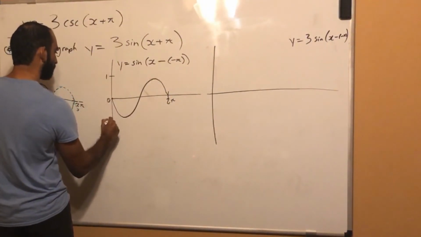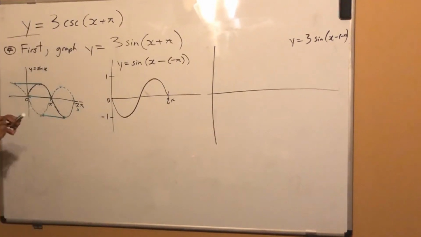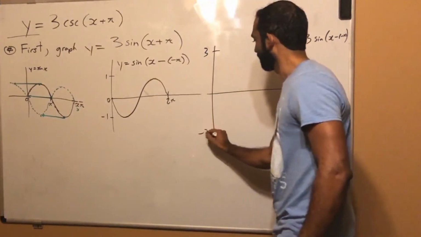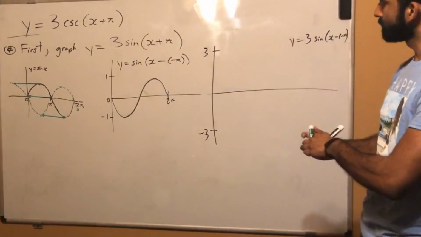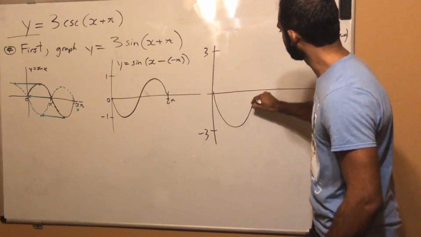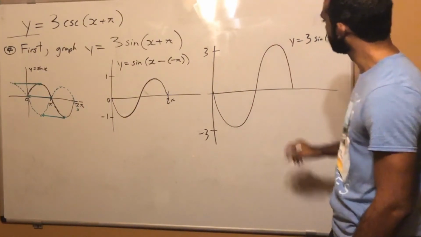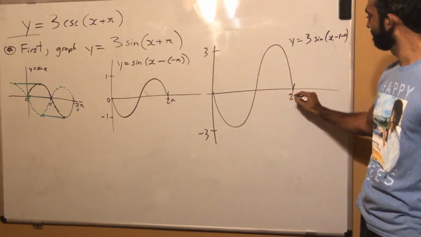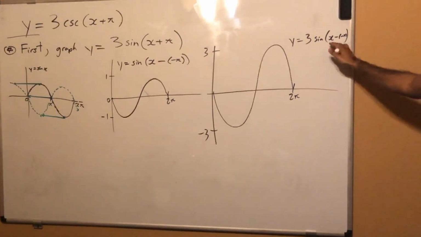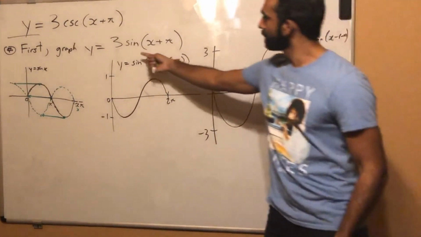Now, does vertical stretching affect my period? No. Same period of 2 pi. So, negative 3, positive 3, and I get this. Nice, slightly more elongated wave. So that's my graph of 3 sine of x minus negative pi, or 3 sine of x plus pi.